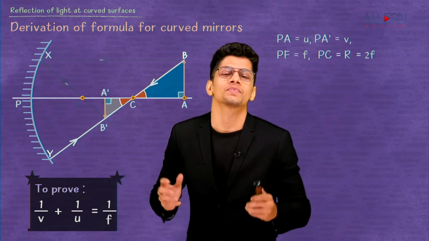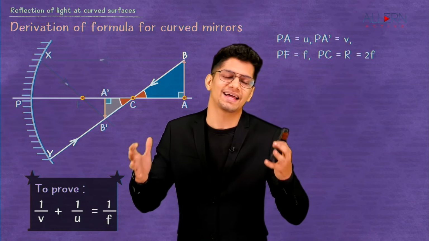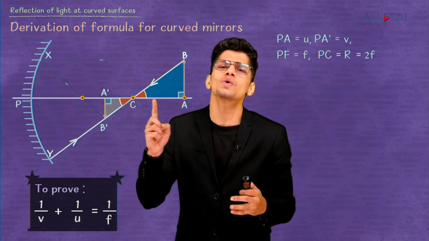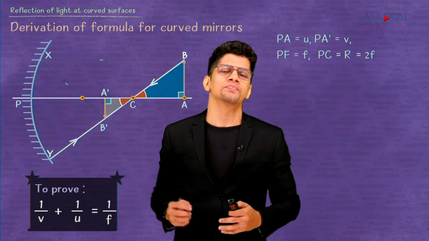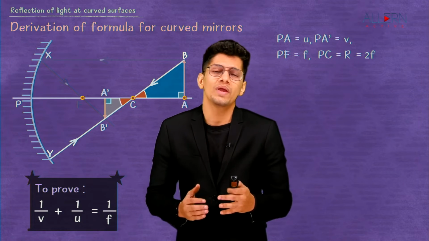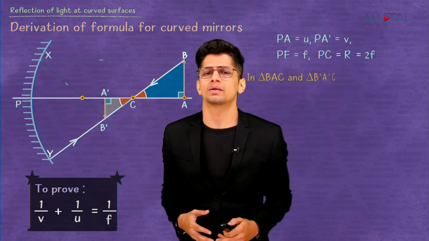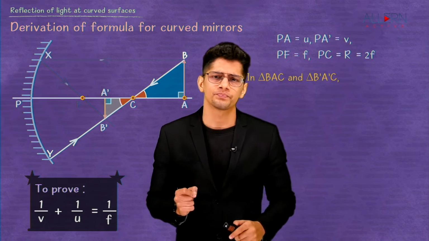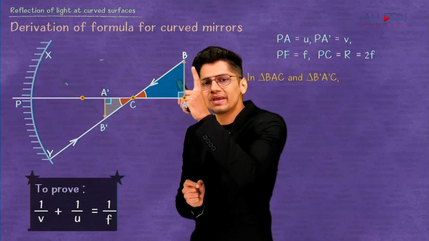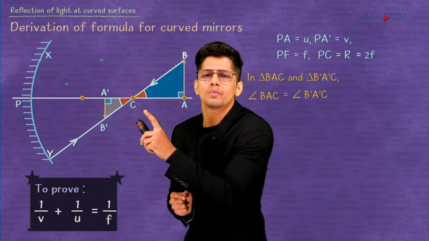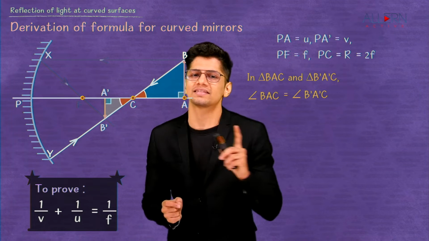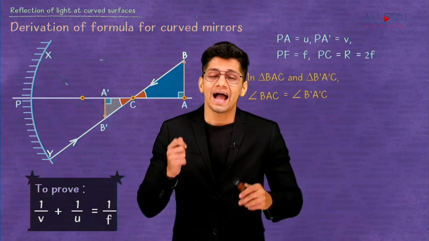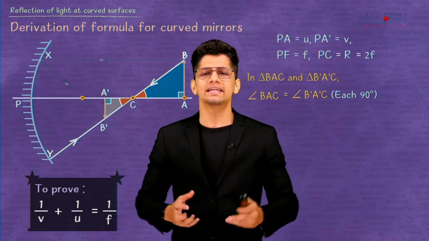Simple, vertically opposite angles. So we have two pairs of angles equal, and we can prove triangle BAC similar to triangle B dash A dash C. First, angle BAC equals angle B dash A dash C, and the reason for that is each is 90 degrees.